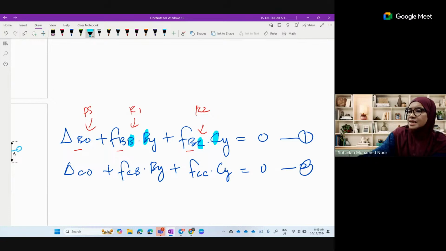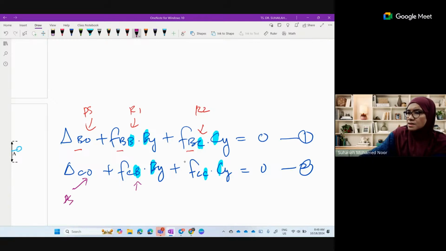Okay, maksudnya yang ni kan? Yang position semua C sebab first notation C, right? Okay, that's the position. Second one for the system, right? Okay, yang ni kalau CB, BY. CC, CY. Okay, sama macam atas lah. So this is for the primary structure.